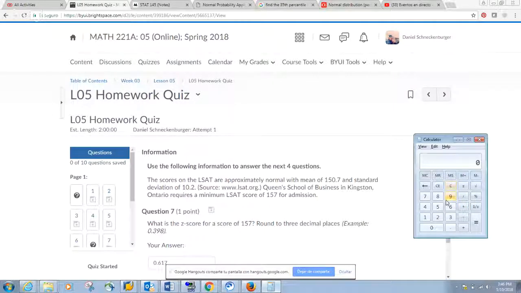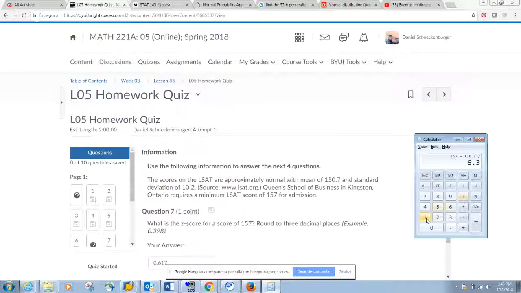So we have 157 minus 150.7, divided by 10.2. Okay, so in this case it's 0.6176, so it would be 0.618 if we round it up.